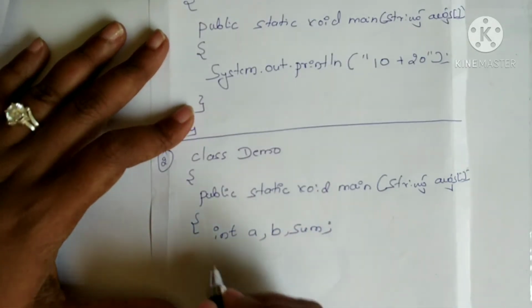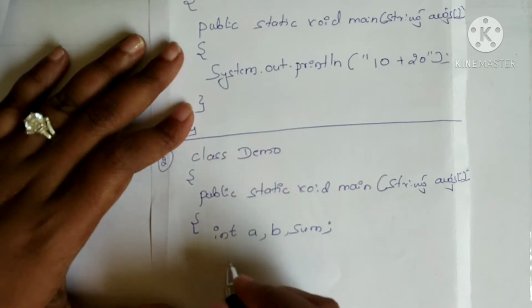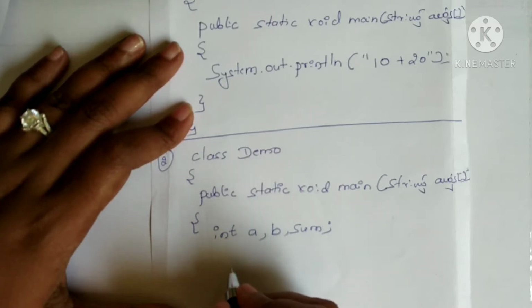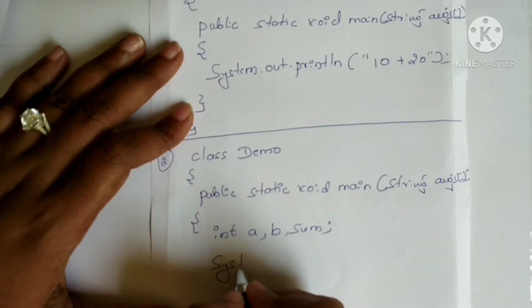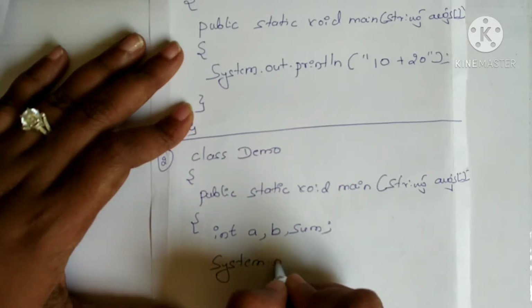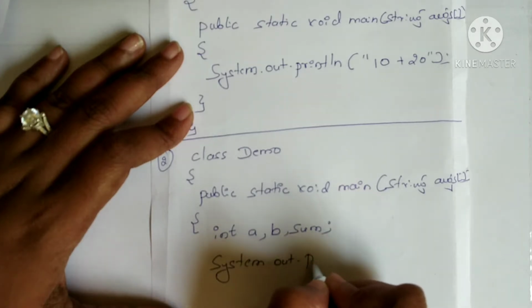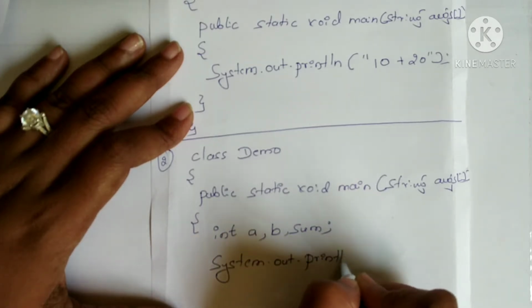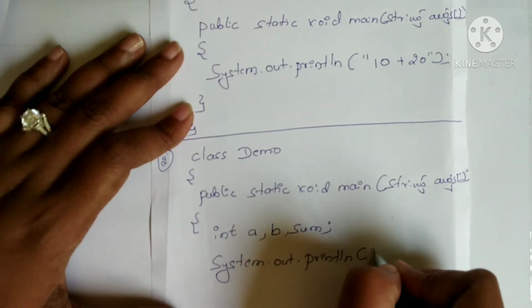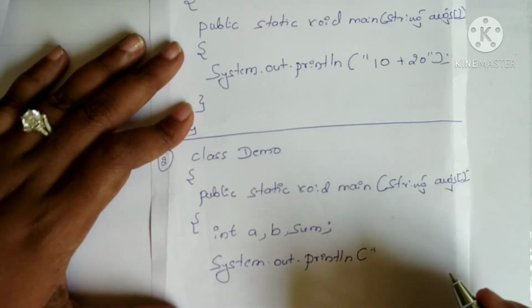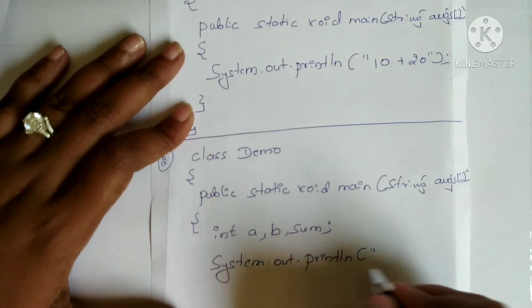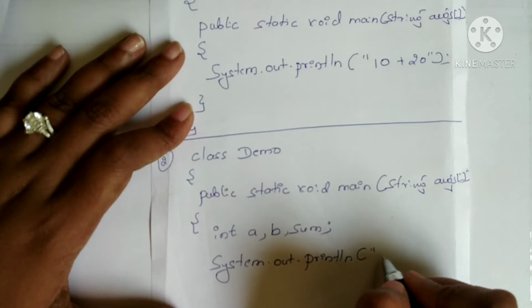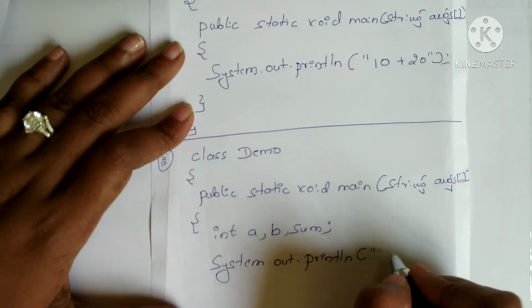For this we can write System.out.println. In this we are going to assign the values.